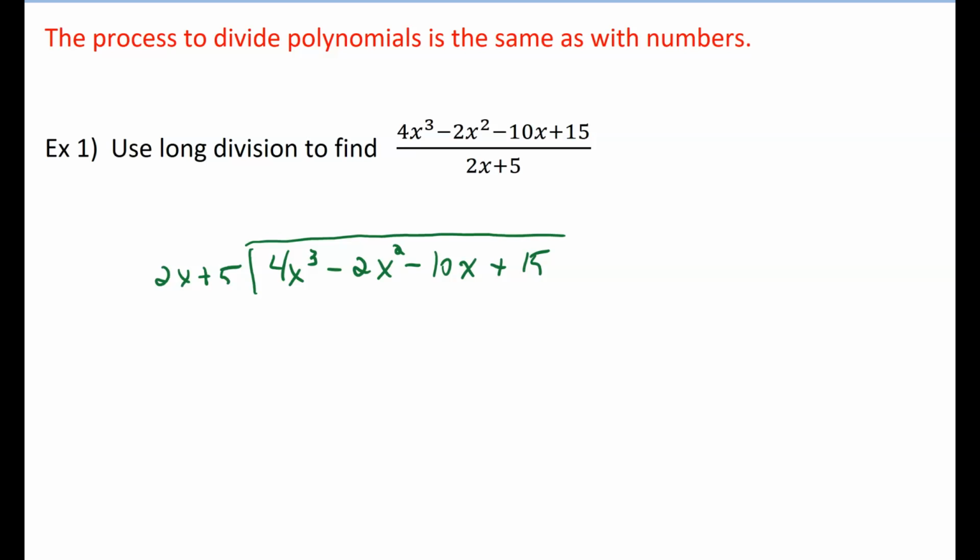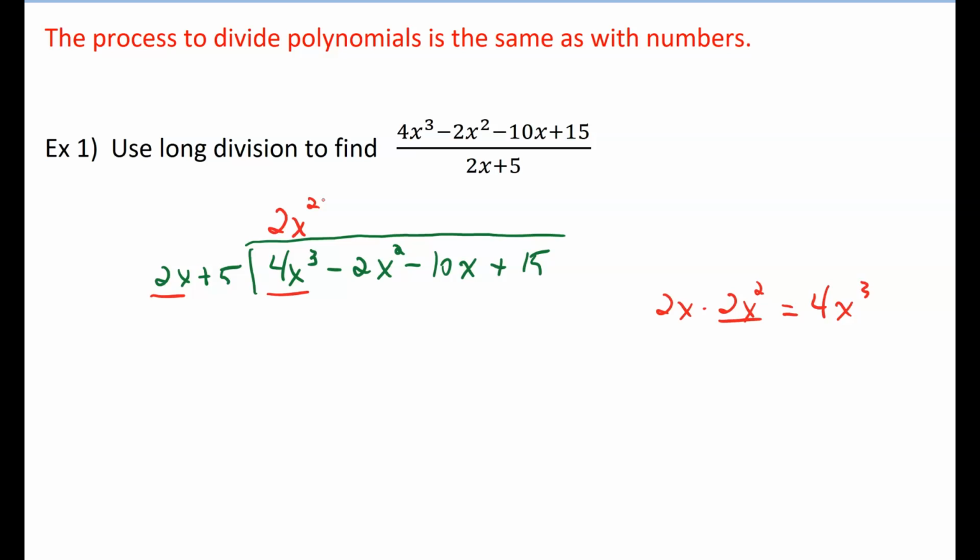Okay, so I'm going to look at first my 2x here and my first term over here, 4x cubed. And I'm going to ask myself, 2x times what will give me 4x cubed? It's 2x squared. Okay, so my 2x squared is going over here. And then remember what we did with our integer division?